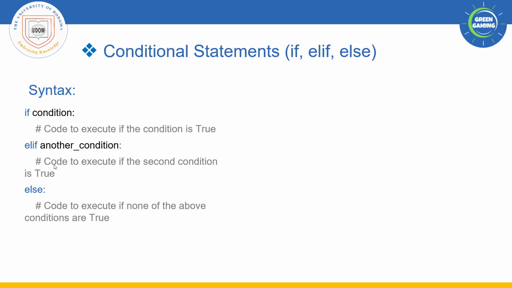If you have more than one condition, we can use elif, which means else if, which means that if the first condition isn't met, then check the second condition. If the first condition isn't met and the second condition isn't met, then we have a default one, which is else. This means that any code in the else block will be executed if neither the first nor the second condition block executes.